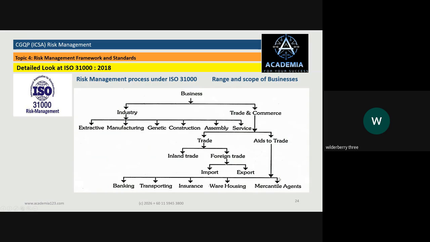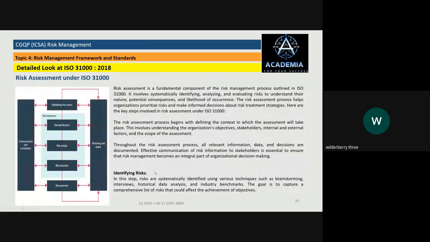That's how they organized the scope and the range, because under ISO, you must know, they look separately into the industry. They look separately into the extractive industry. They look separately at the banking industry. Therefore, they organize the whole manual dedicated to specific industries, in very, very great detail.